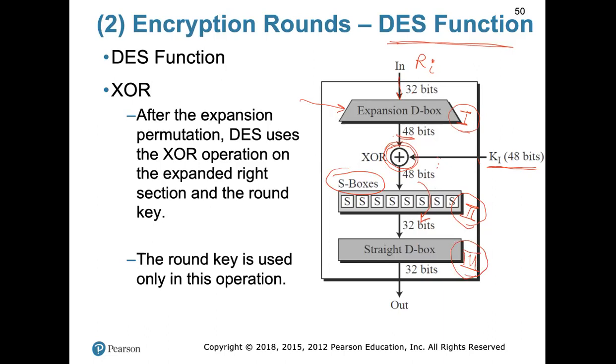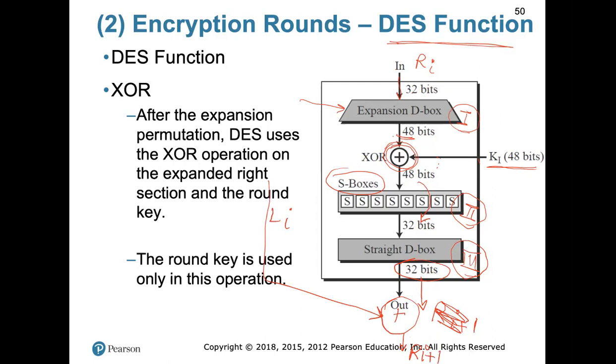Again, we apply some function on that, and we get the final 32 bits, and it goes to the next round. Sorry, this is going to be XORed here with something that comes from Li, and it's now saved here as Ri plus 1.